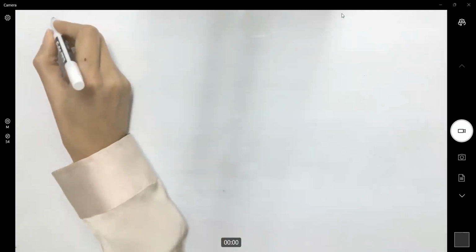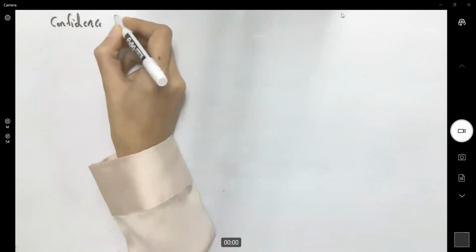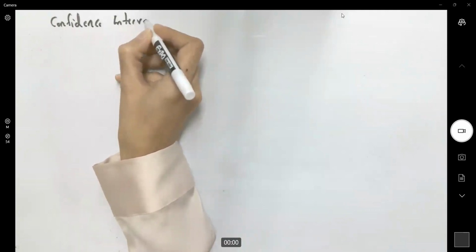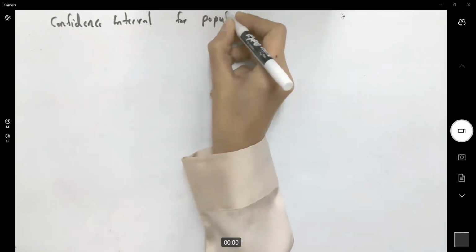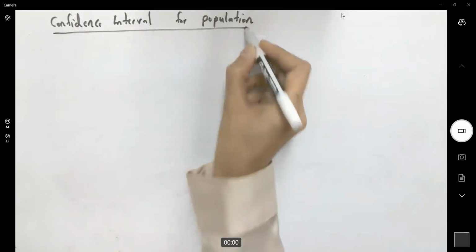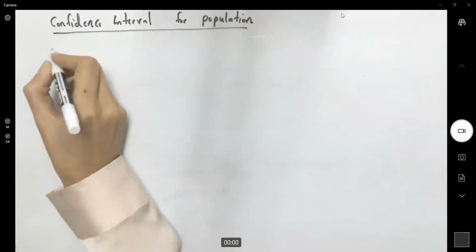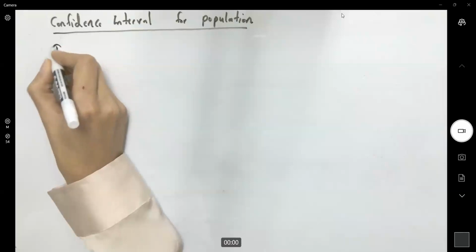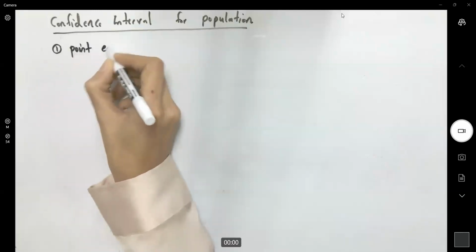So what we have learned so far, the confidence interval for population. The steps that we learned to follow for this part is, first of all, we need to find the point estimate.